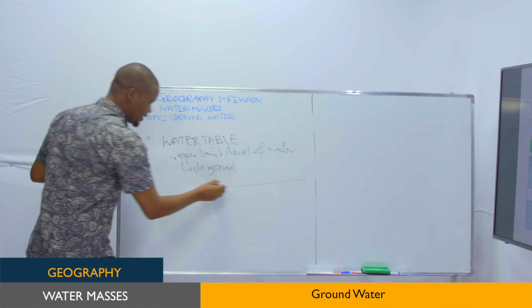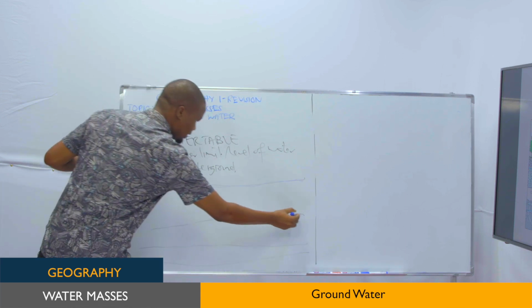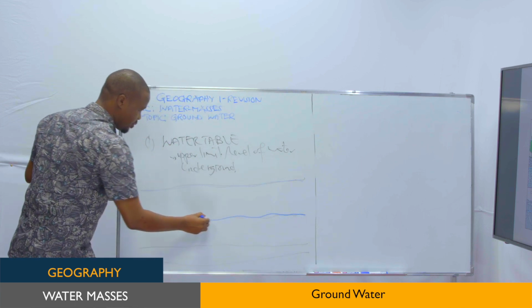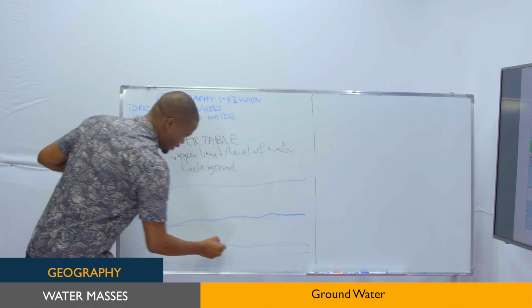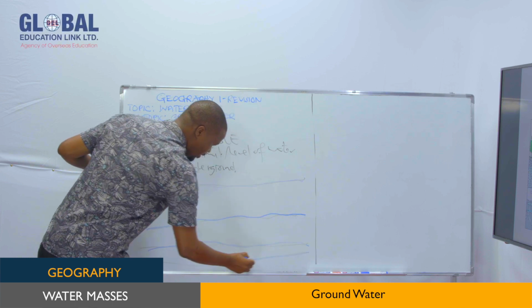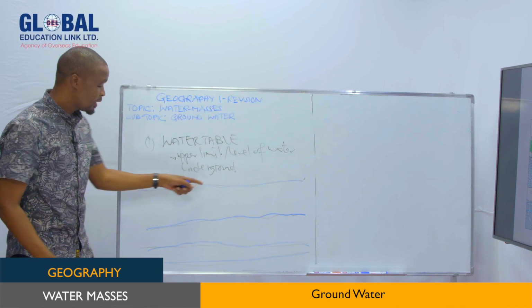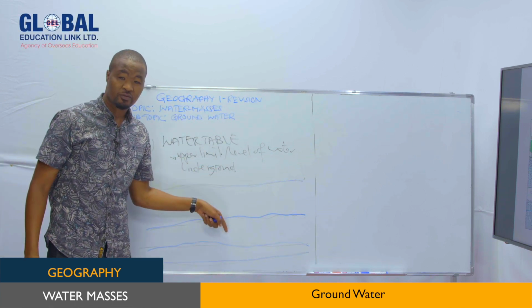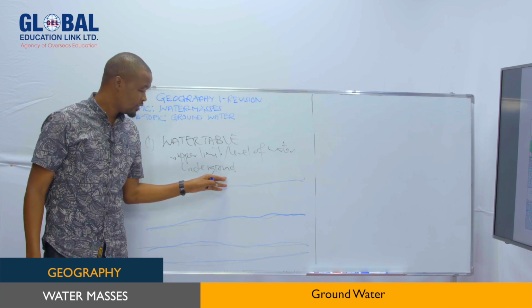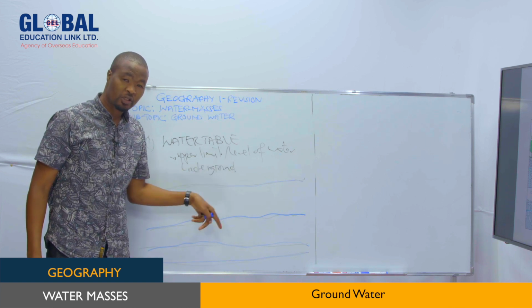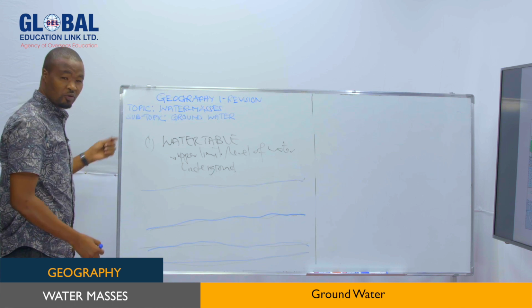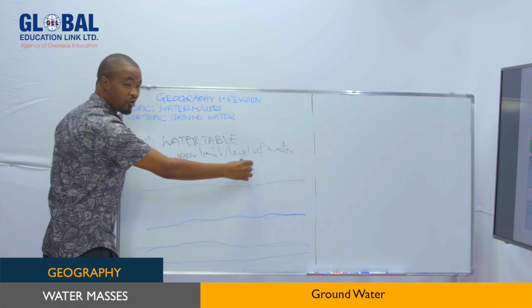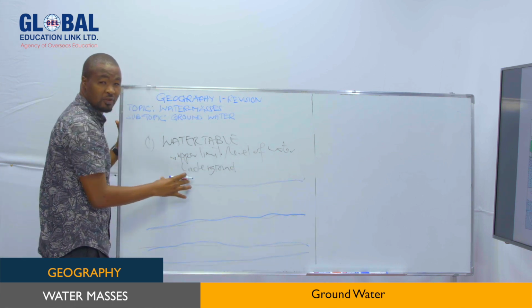Okay, let me draw this so you can understand. Let us take this as an example. We know that when water enters the ground from above, it passes through different types of rock. So let's say there is rainfall at the top of this land.